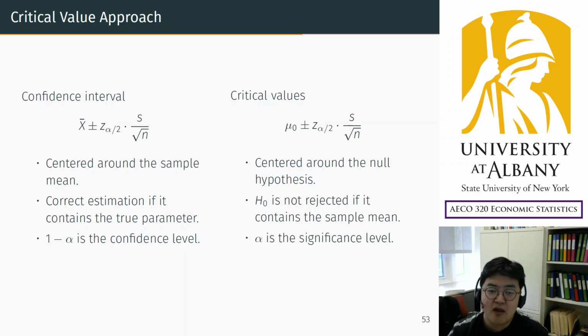That's the difference. And by the way, what is confusing? I'm really confused a lot. In a confidence interval, we call 1 minus alpha the confidence level. This is the probability of correctly estimating the true parameter. But in hypothesis testing, we call alpha the significance level, not 1 minus alpha. So the correct way is to say the confidence level is 95%.